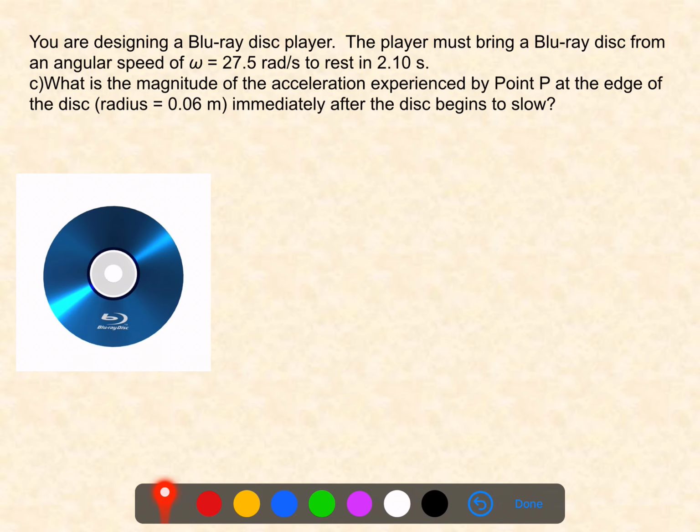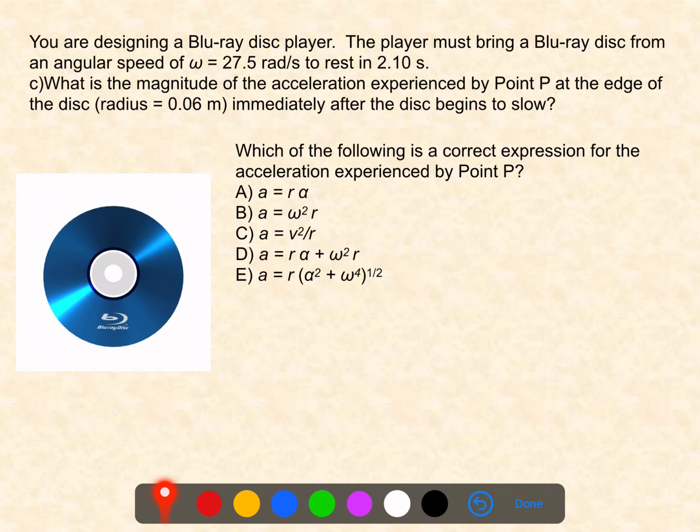Finally, for part C, we want to know about the linear acceleration experienced at point P at the edge of the disk. So for this, we need to account for the fact that there's centripetal acceleration, that component exists, and also, since the disk is slowing down with its angular speed, there's tangential acceleration too.